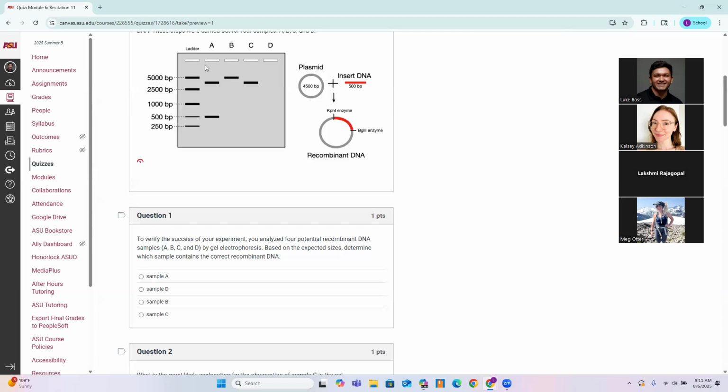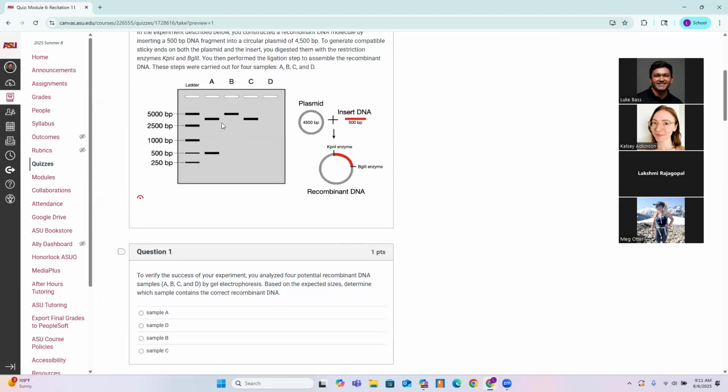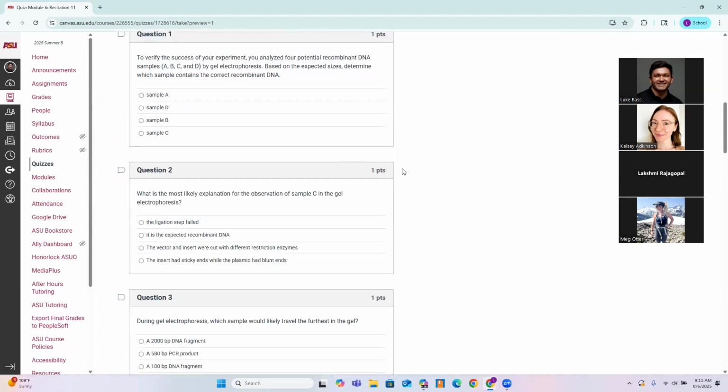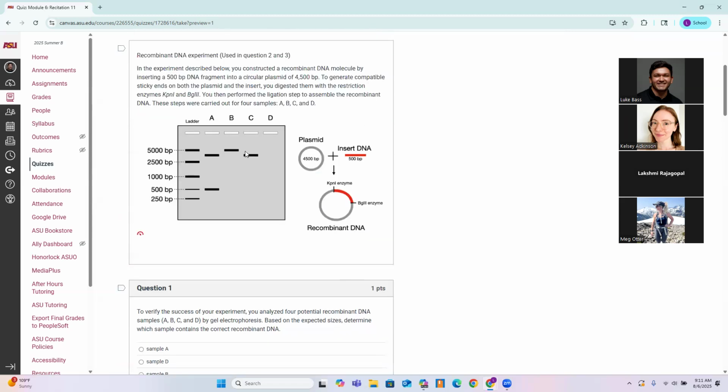Okay, so what about question two then? Observation of sample C. Sample C is off too, right? So the ligation step was missed or it failed. Correct, because looking at the other three answers, it's not the expected recombinant DNA. We are short of 500 base pairs there.